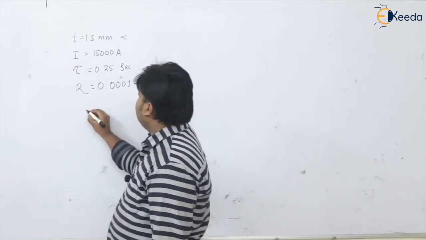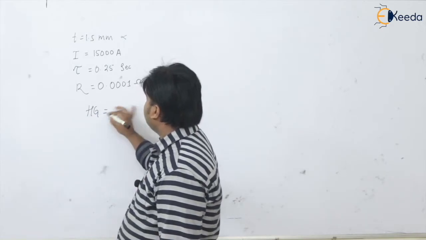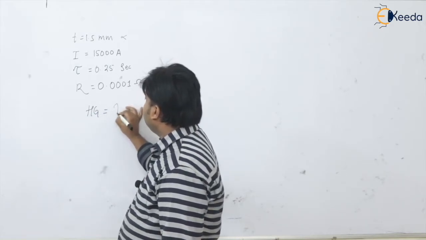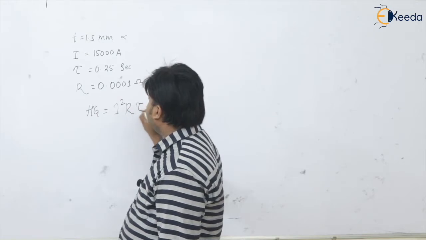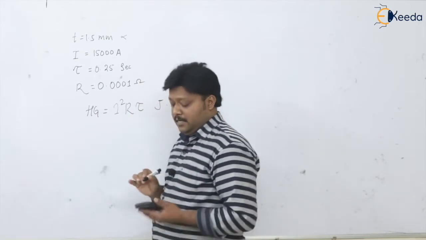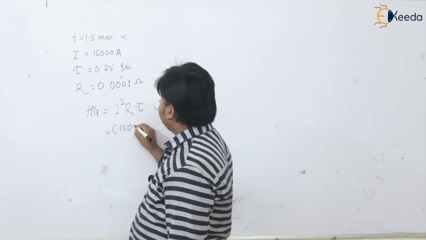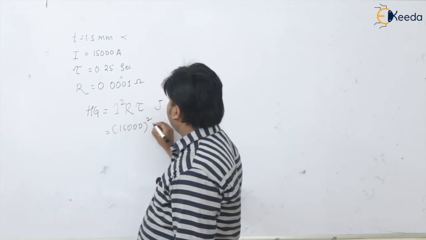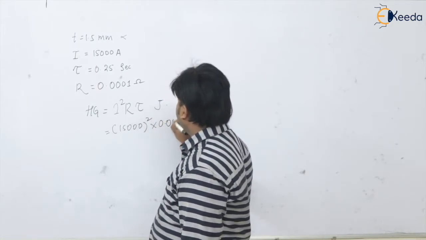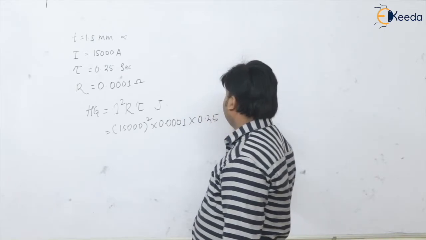Okay, so if we solve this for the heat generation, how to give it? Heat generated in the resistance spot welding is I square R times tau. It is in joules or watt second. So put the values here. 15,000 square into 0.0001 into 0.25.